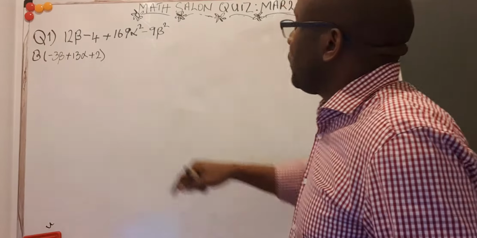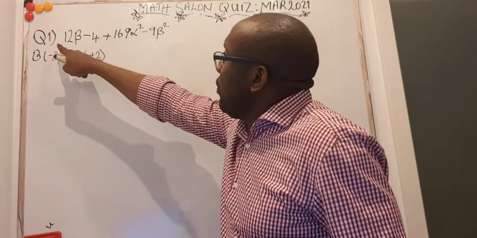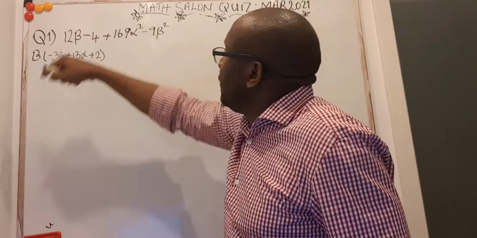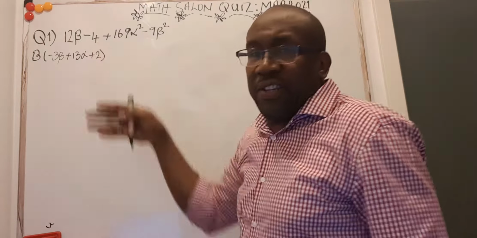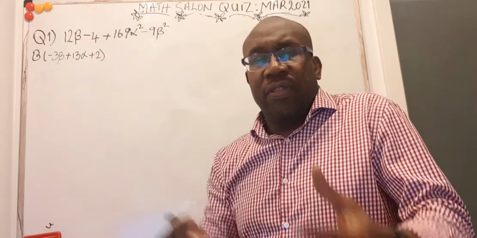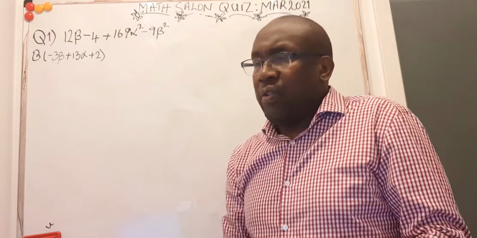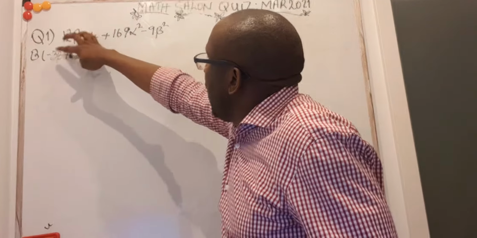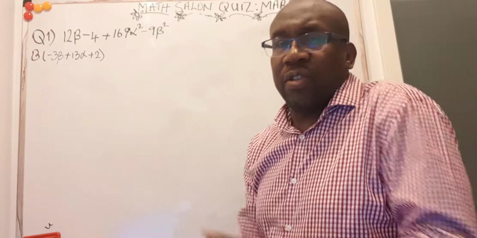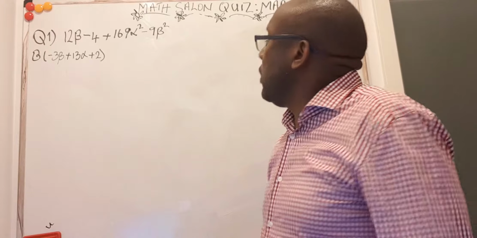Okay, let's go. So question number one, you were expected to factorize this expression. And when it comes to factorization, the most important thing is to see that you factorize only when you have things that are common, things that look alike. So it means that you have an expression like this, try to gather terms that look a bit similar to each other so that you can pull out what is common.